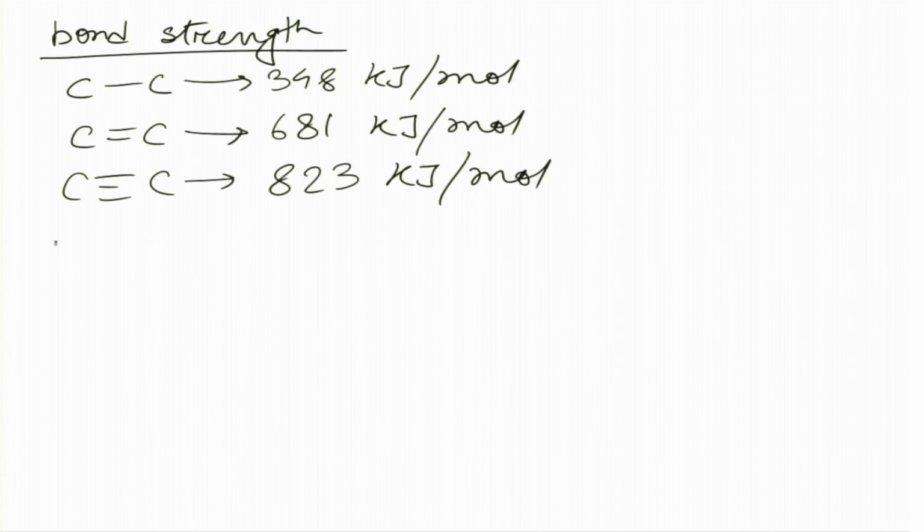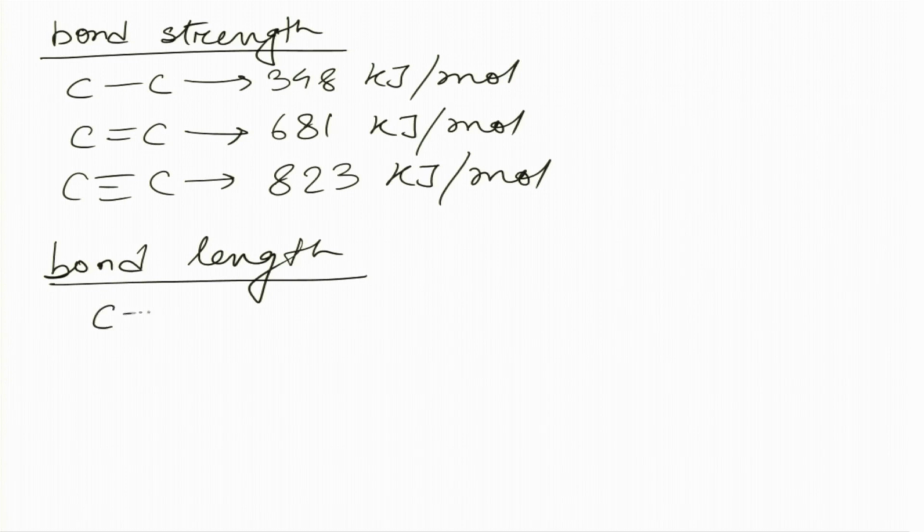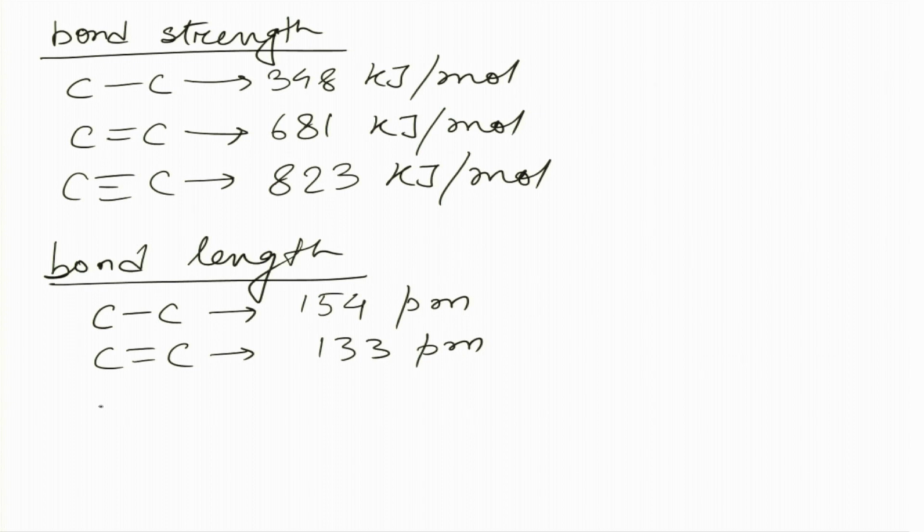Okay. Now, bond length. Single bond has a bond length of 154 picometer. Double bond has a bond length of 133 picometer, and triple bond has a bond length of 120 picometer.